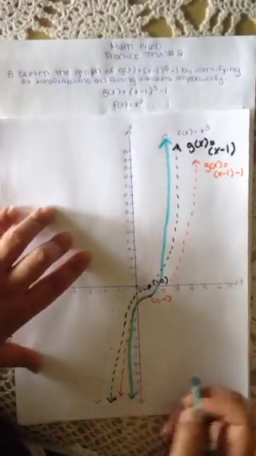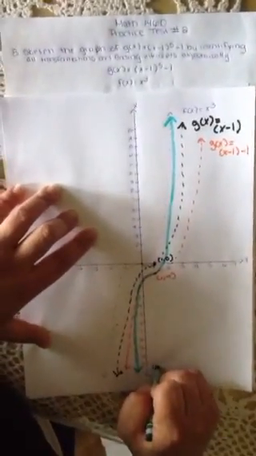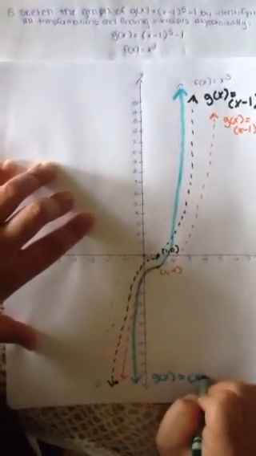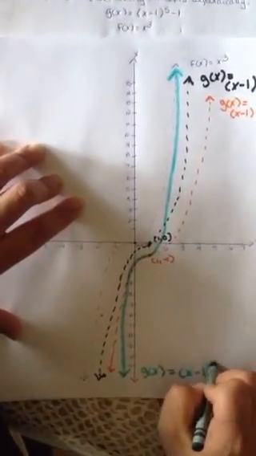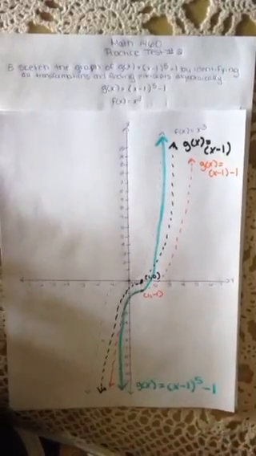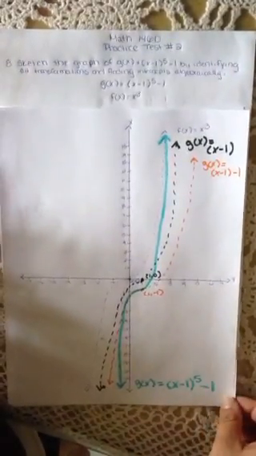And label this graph g of x equals (x minus 1) to the fifth minus 1. And that condenses our graph so it goes in closer to the y-axis. And this is how we solve problem 8. Thank you.